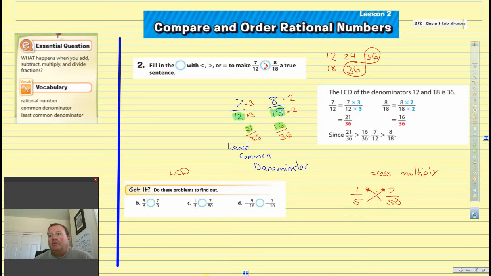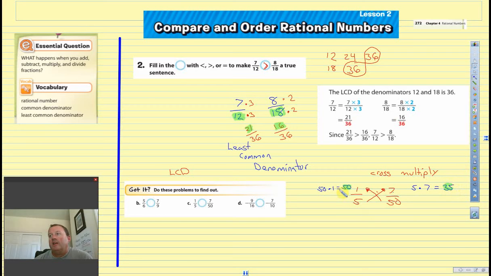I would say 5 times 7 equals 35. Remember the 35. And then 50 times 1 equals 50. So I'm going to highlight both of those, my 50 and my 35.